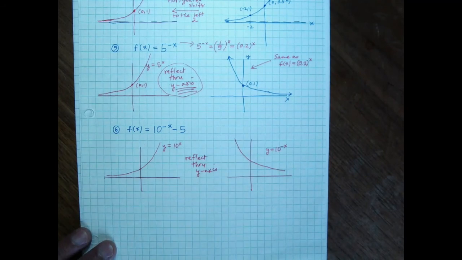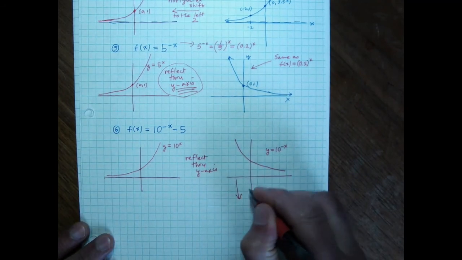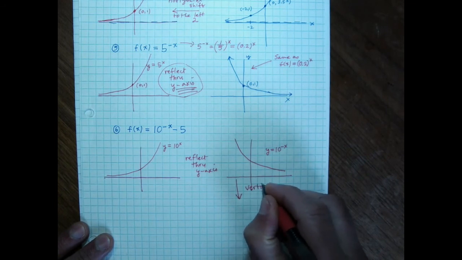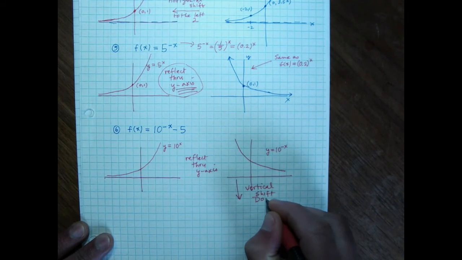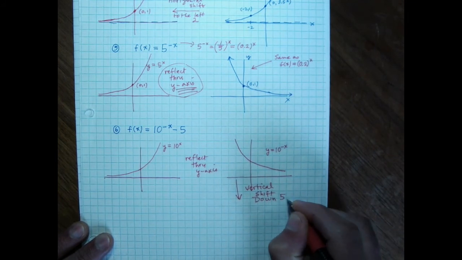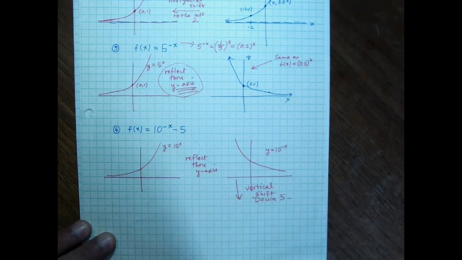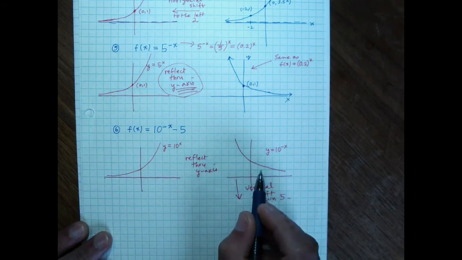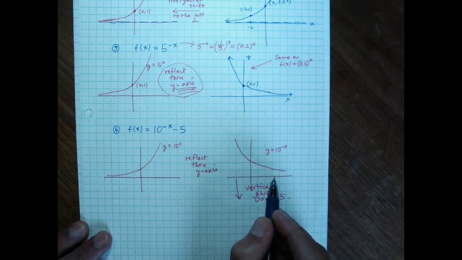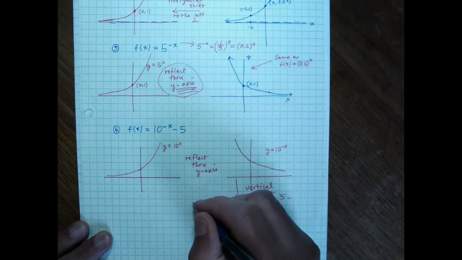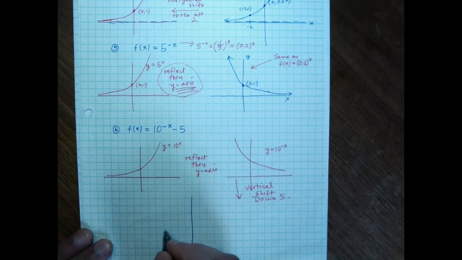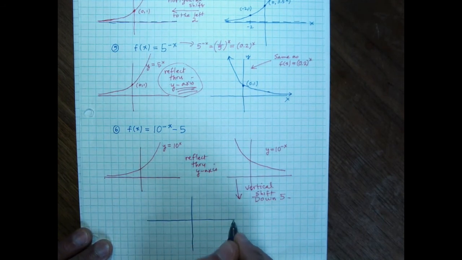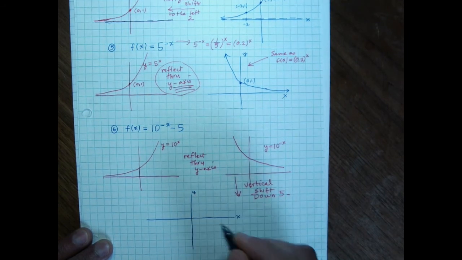And now to get my final graph, I have to do a vertical shift down 5 units. So when I reflect through the y, the horizontal asymptote doesn't change. When I do a vertical shift, that's when the horizontal asymptote moves. So here's my x-axis, my y.